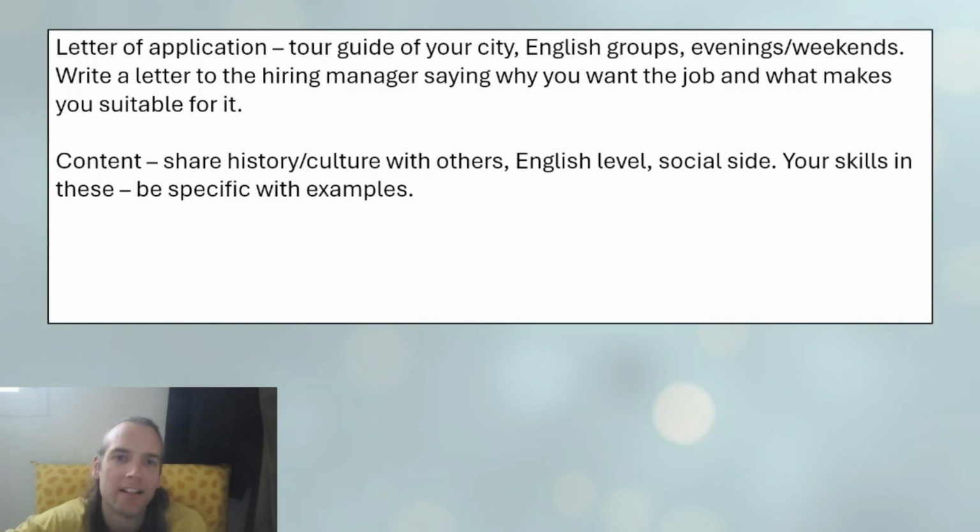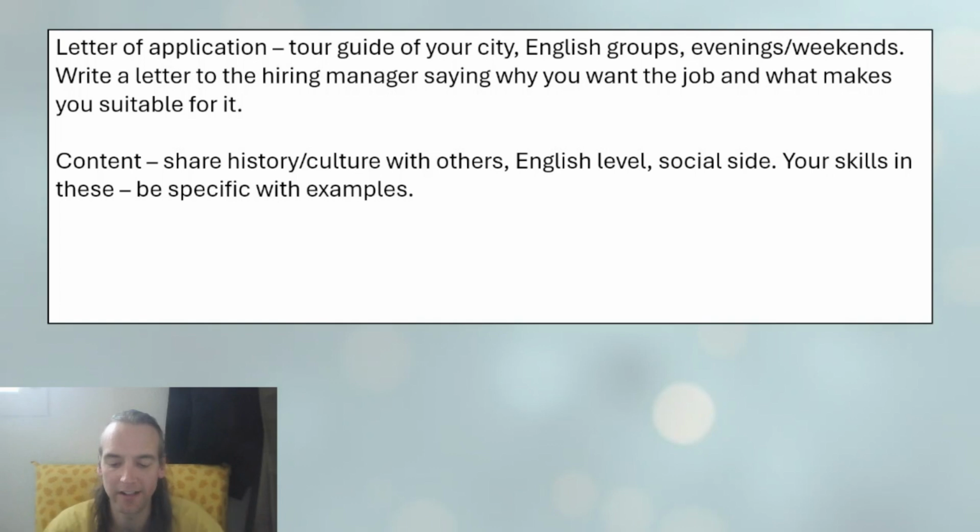For example, my knowledge of local Spanish music would make me a fantastic person to transmit this to visitors. My level of English, I've got this certificate. I've traveled abroad and communicated. And my social skills have been commended by my teachers, colleagues, people in my local organizations, and so on. You're giving evidence, and again, try and include that in your plan.